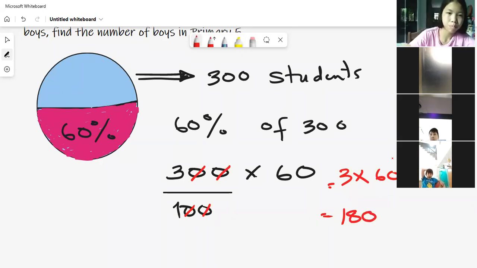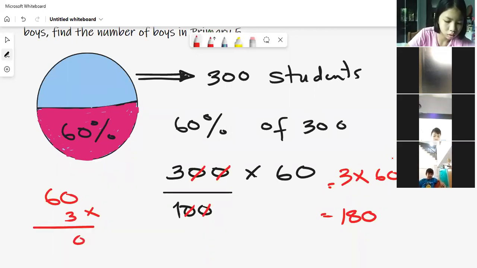Let's do the long multiplication here: 60 times 3, 0, 18. So it is 180 boys. Remember this one.